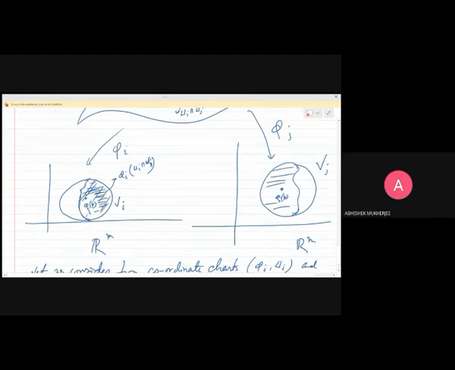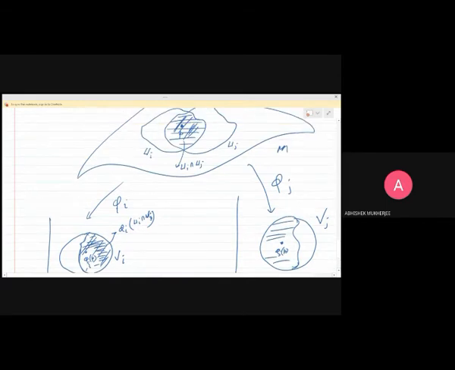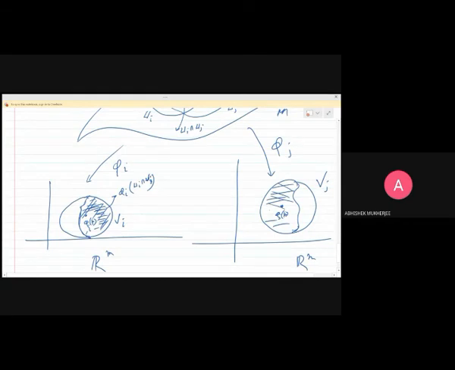In a similar way, this common part will be mapped under phi_j to phi_j of U_i intersection U_j.